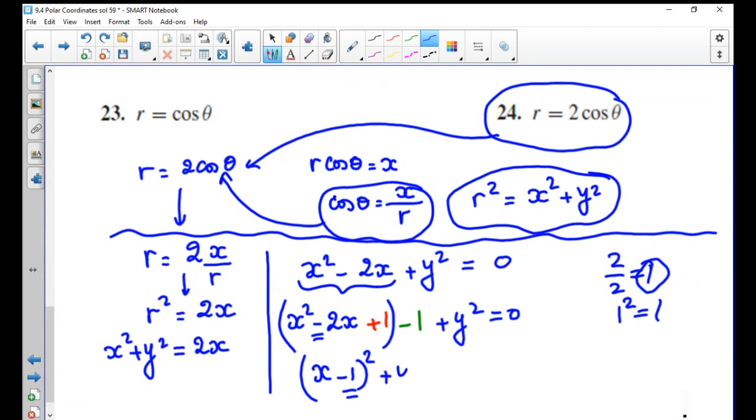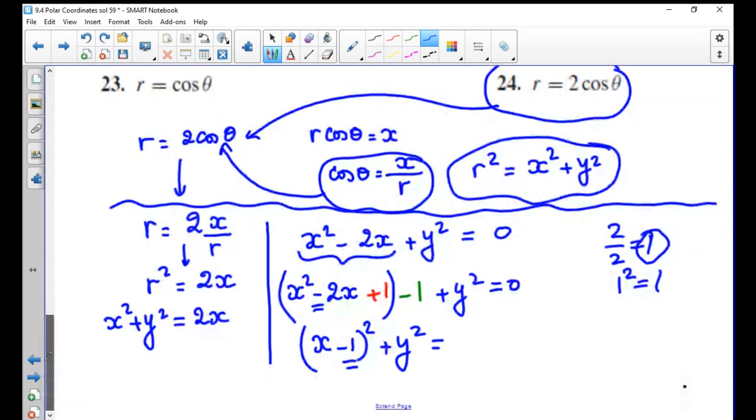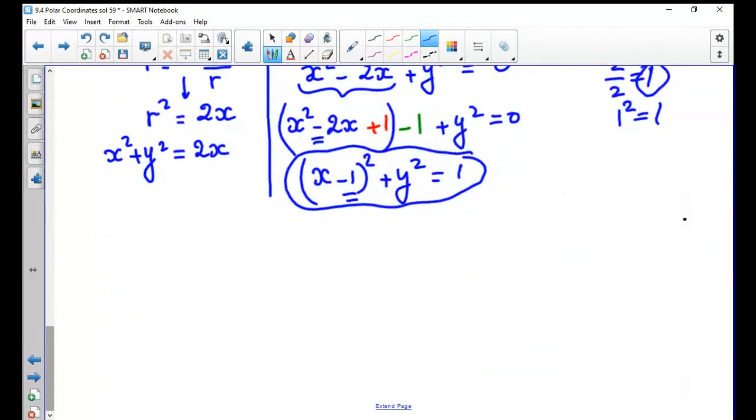And then plus y squared, and the minus 1, kick it to the other side, it becomes 1. Now we get a really nice equation, which we know what it is. What is this? Circle. What is the center of this circle? 1, 0. What is its radius? 1.